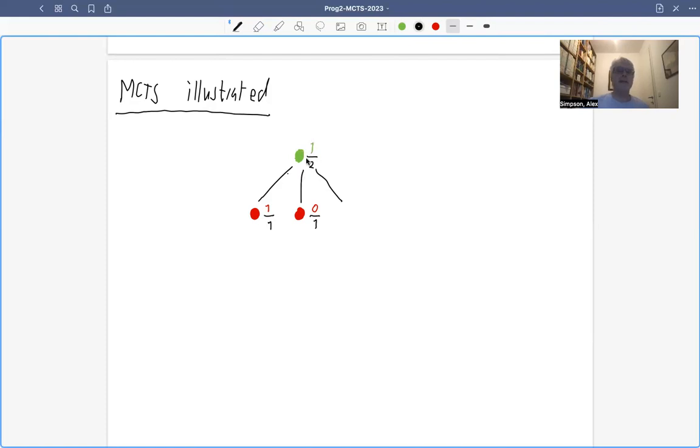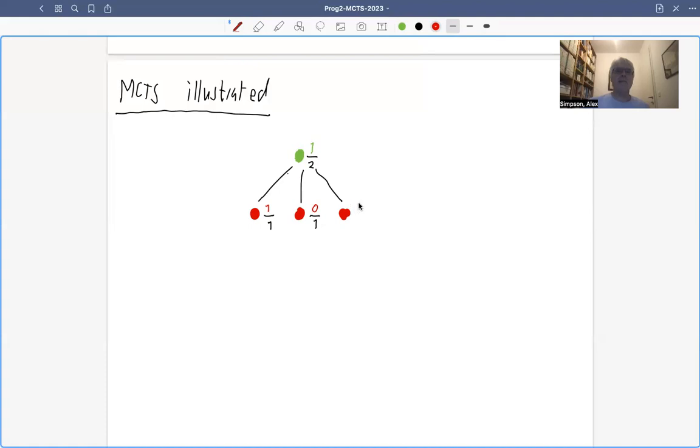Okay, start again for the 3rd run. Randomly choose one of the children that's not yet been visited. There's only 1 child, so our random choice is irrelevant. It's forced to be that node. So we have a red node here. Again, we expand that node to find out what the game position is, and we play a random play from that position onwards, and we see what happens.